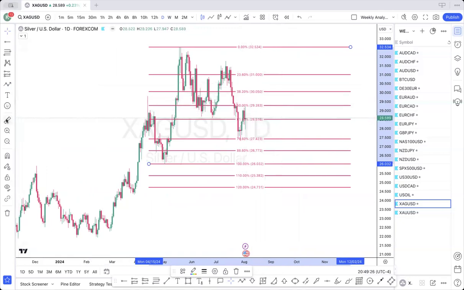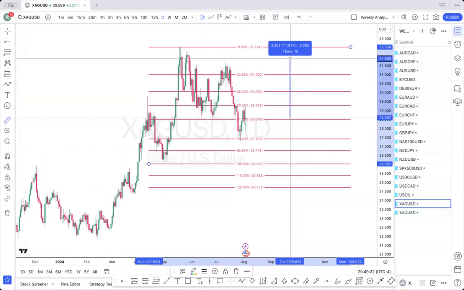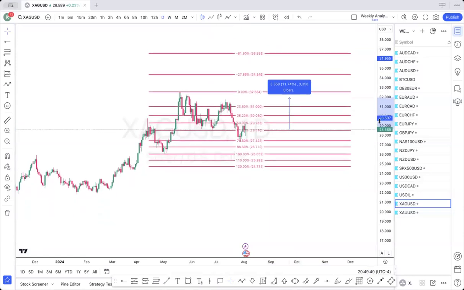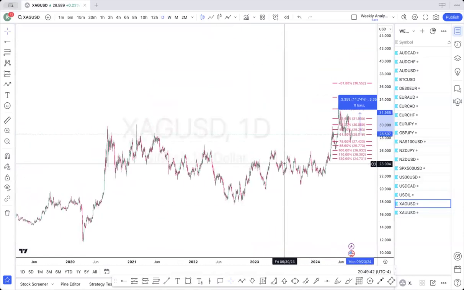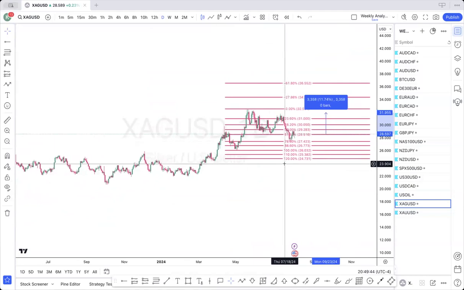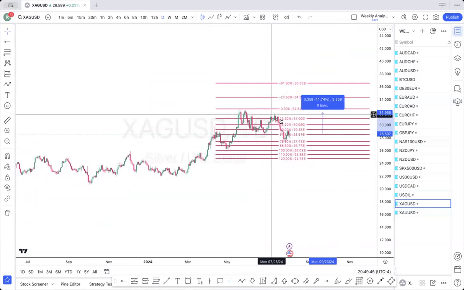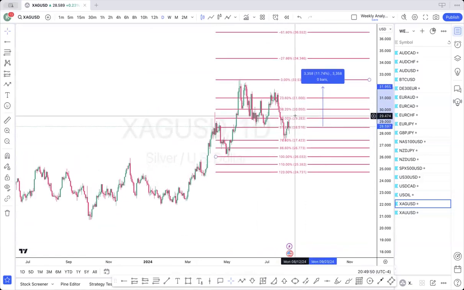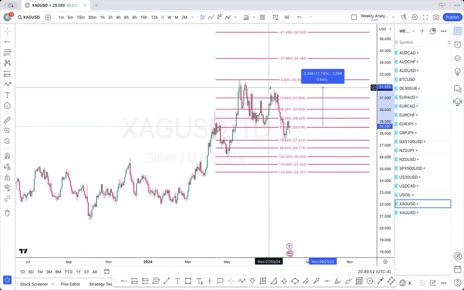And then we're talking approximately from where price is now to these highs. Wait a minute, how the heck is that less? Oh, because I did it to here. That's why. Okay, I got it. So that's more pips.